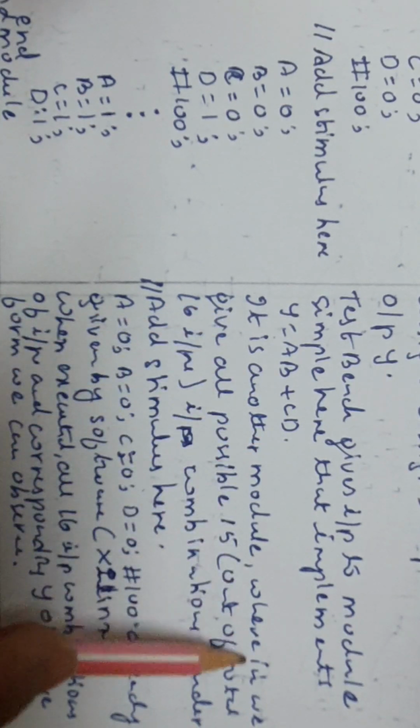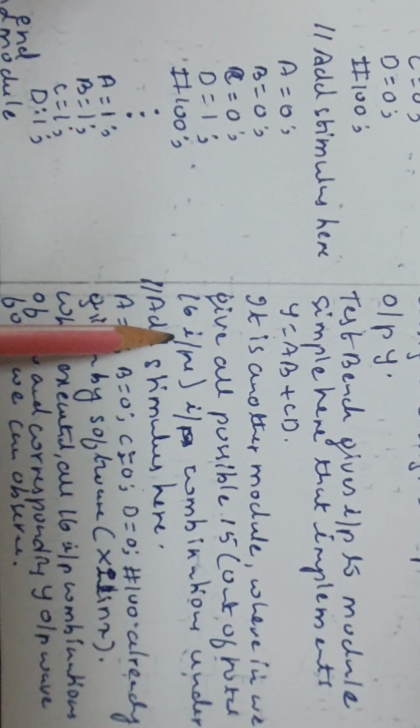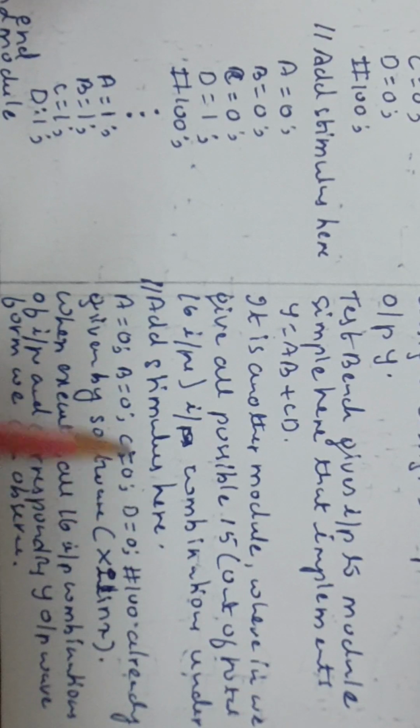It is another module wherein we give all possible 15 out of the total 16 input combinations under add stimulus. A equal to 0, B, C, D equal to 0 and #100 semicolon are already given by the software, that is Xilinx. When executed, we can observe all 16 input combinations and the corresponding y output waveform.